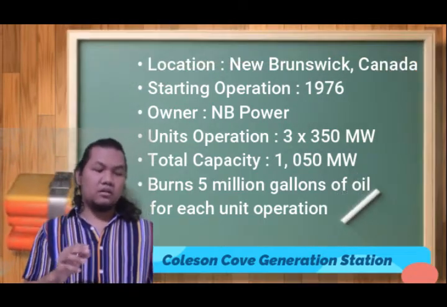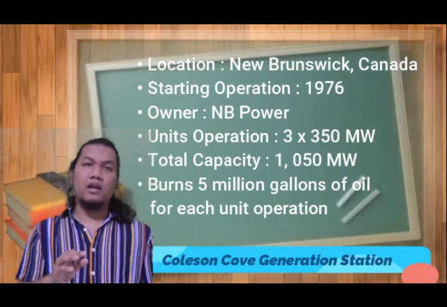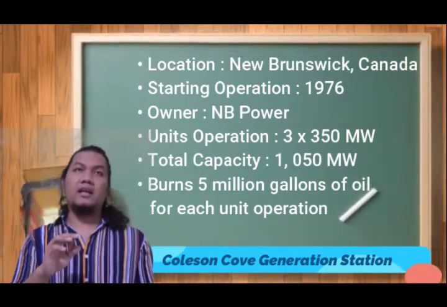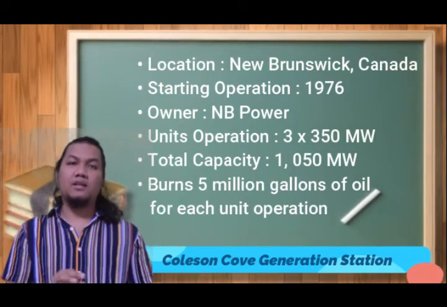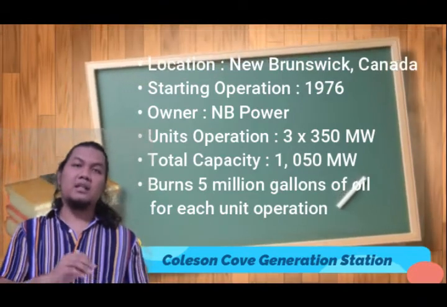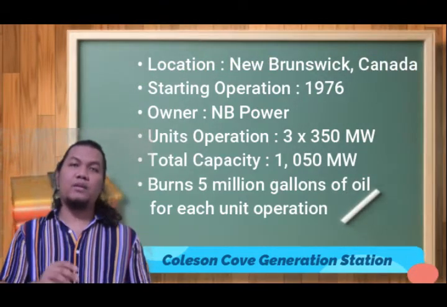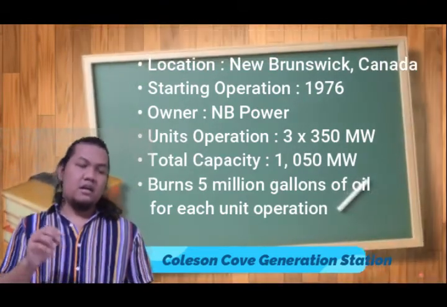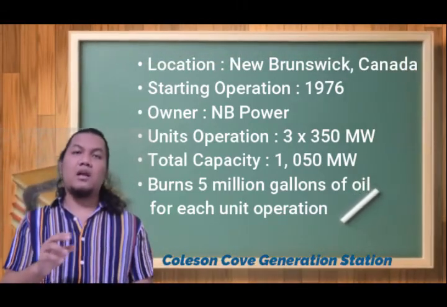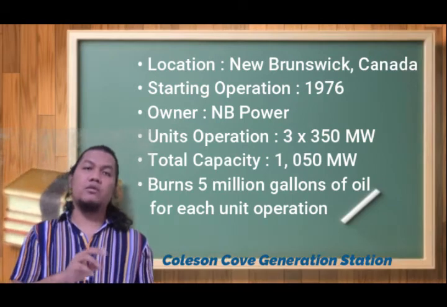It has 3 units operational with a capacity of 350 megawatts per unit, resulting in a total capacity of 1,050 megawatts. It can burn up to 5 million gallons of oil for each unit operation.